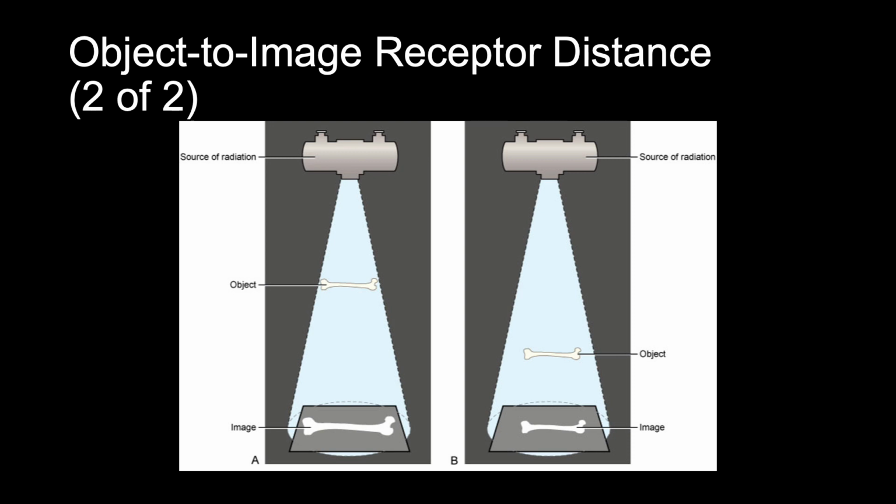There's a big space there, so you can see how magnified that bone is on the image. In B, you can see the X-ray tube, and the object is closer to the image receptor. Now it looks true to size, or just a little bit larger than true to size, but it has definitely decreased the magnification of the bone.